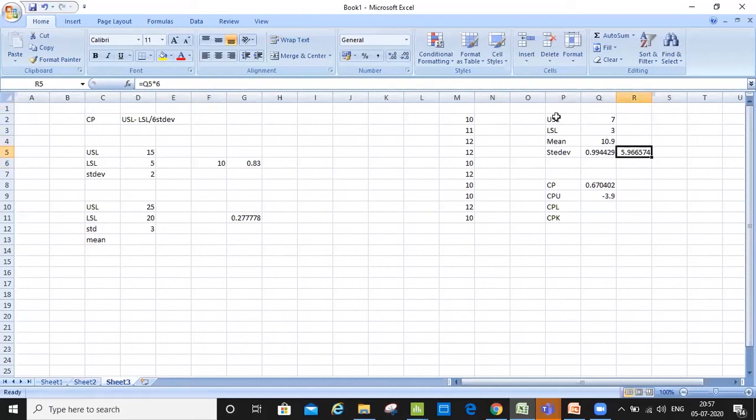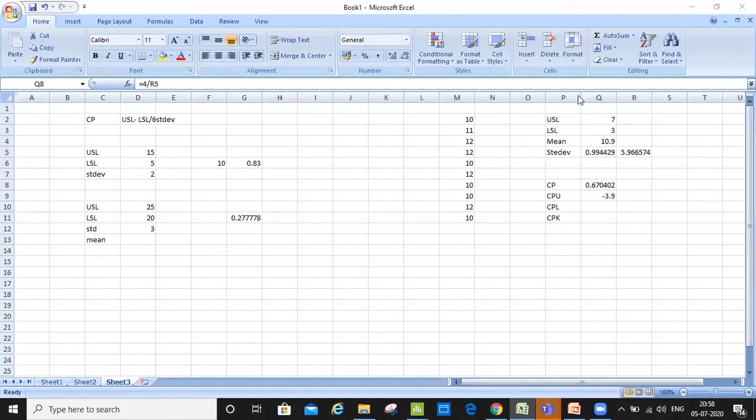Okay, so I have calculated Q5, six standard deviation here. I have not done it because somebody was sharing his screen. Who is sharing the screen? I think Ashwini has done it. Ashwini, can you please open that?